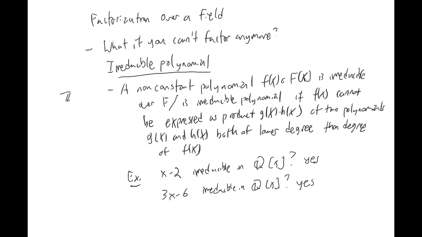Because if you think of how you would define irreducible over Z, it means you can't factor, or it's prime in Z, you can't factor as a product of two non-units. So it's similar here. In Z, sure, you can factor 3 as 3 times 1 and negative 3 times negative 1.